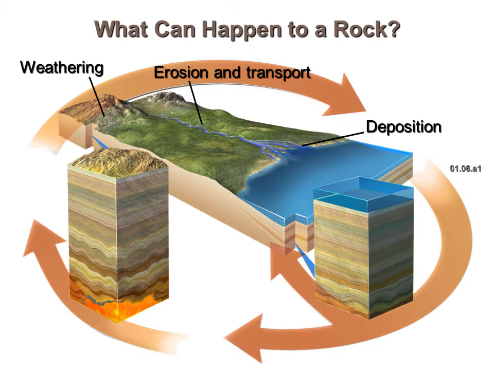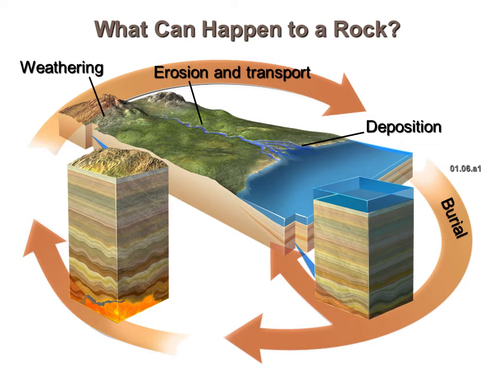And once they can't be transported any further, deposition occurs when sediment comes to a rest. So we're going to have a sedimentary deposit here at the mouth of the river, where these sediments settle out and are deposited.